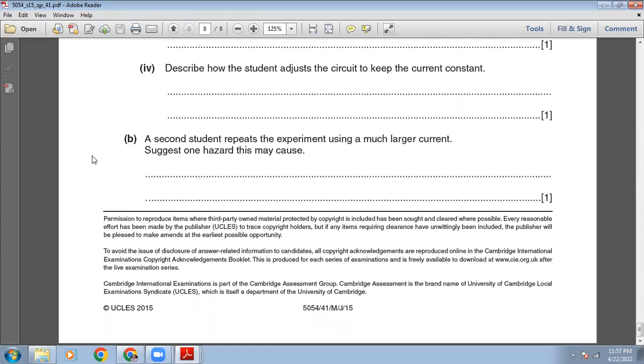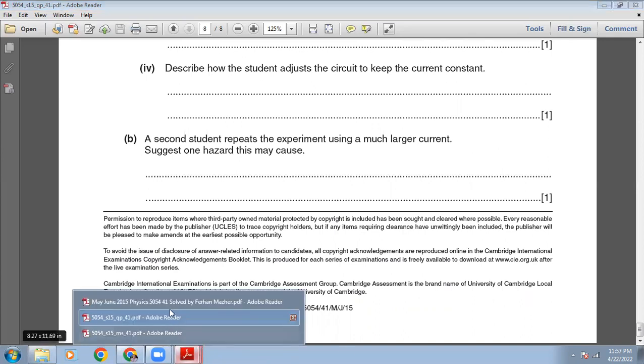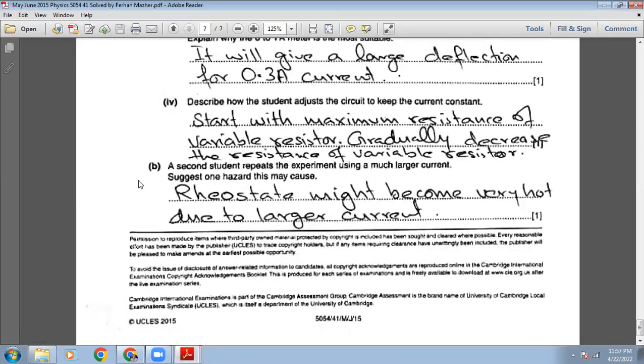The connecting leads will melt. Let me show you my answer: the rheostat might become very hot due to the large current. Rheostat is that variable resistor whose resistance we can change. It will become very hot if the current is large.